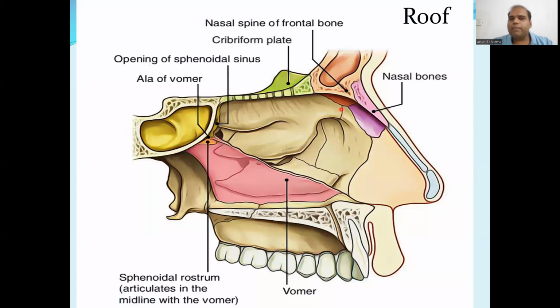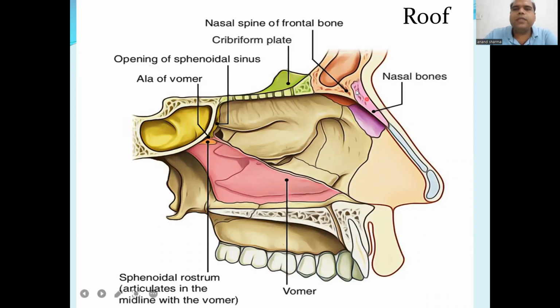This is the diagram showing the cartilaginous part and the bony part of the nasal septum. So in this diagram, we can see how the roof is formed.